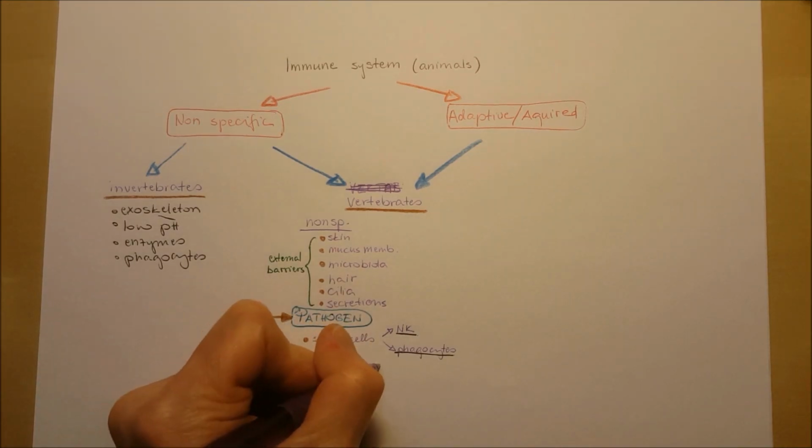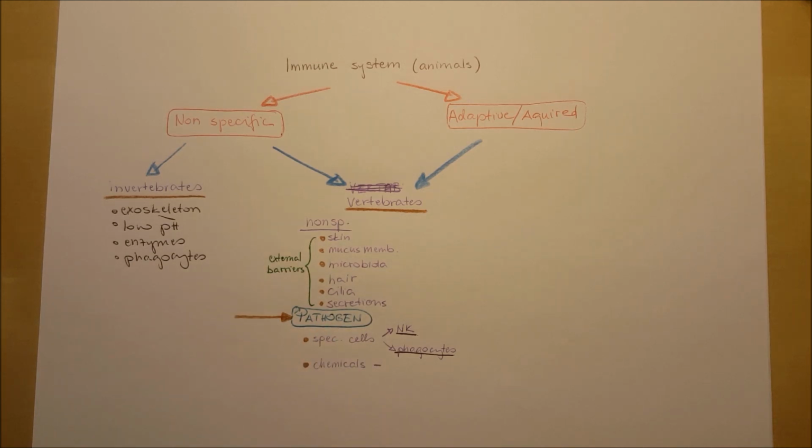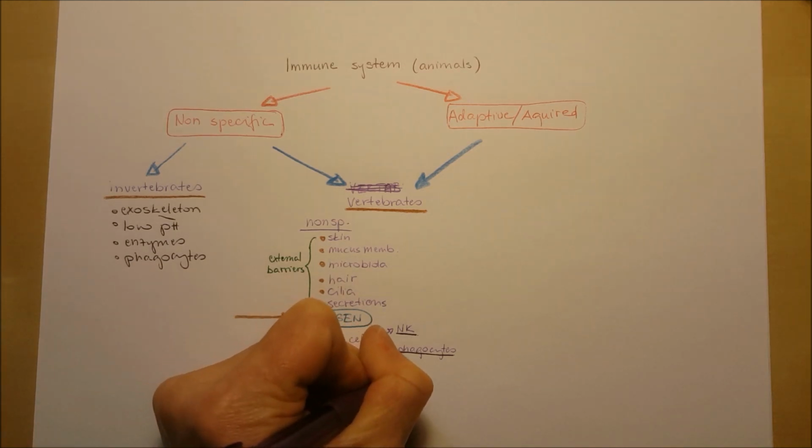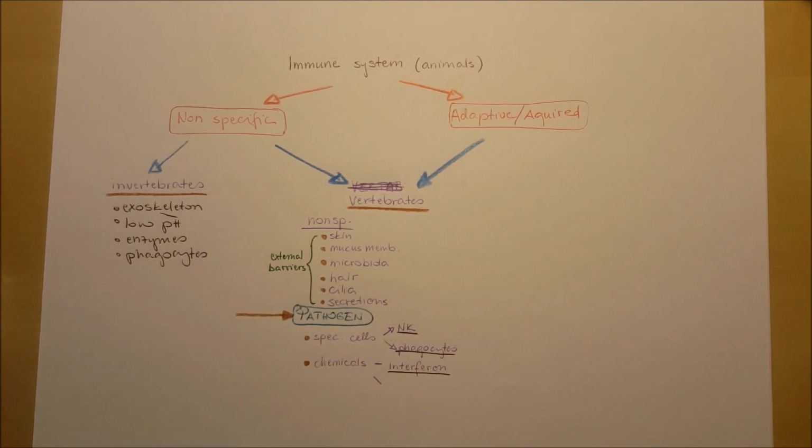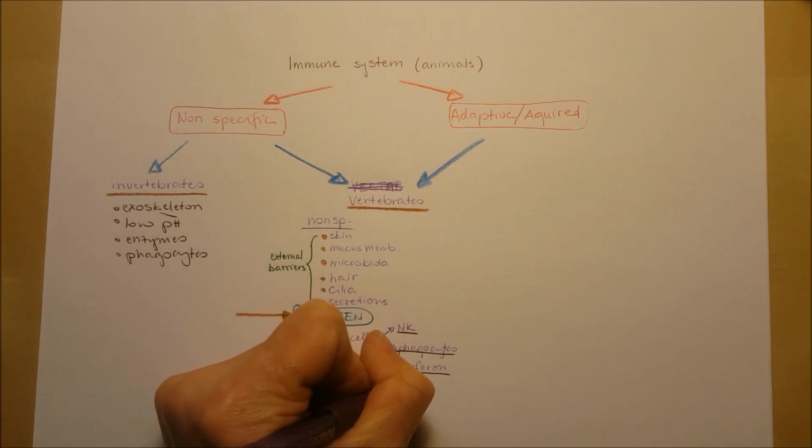Another non-specific immunity is in the chemicals, like the interferon. It's secreted by cells that are infected by virus. And the other chemicals are the complement system.